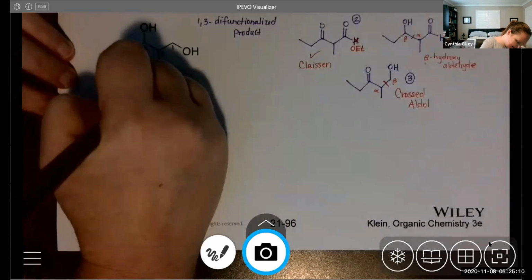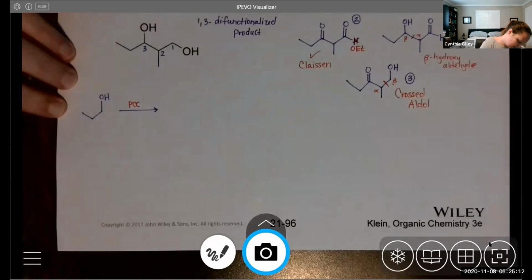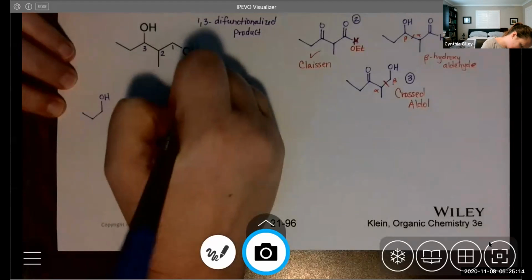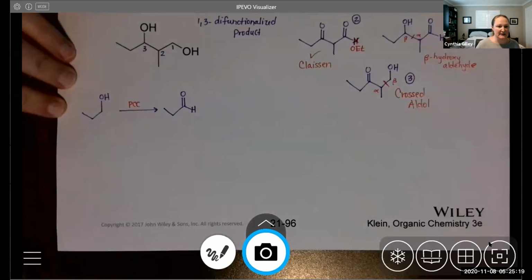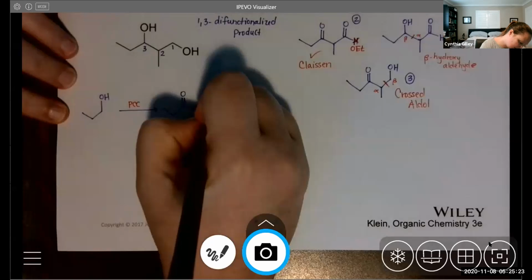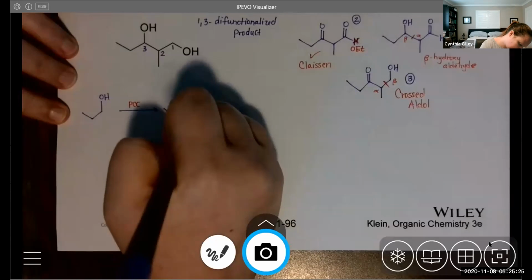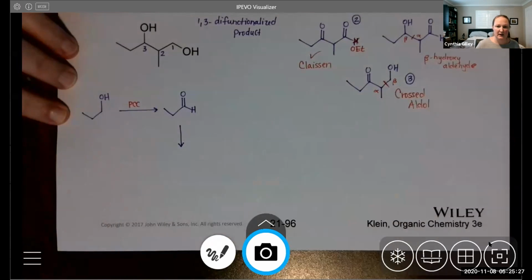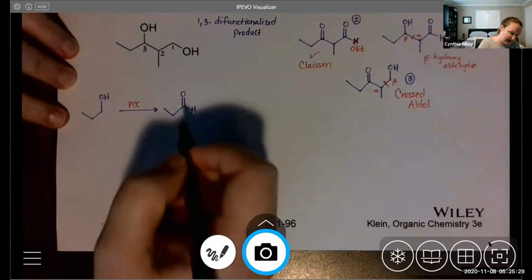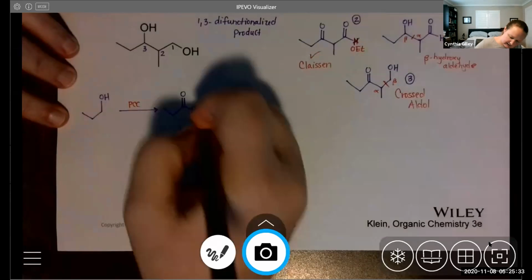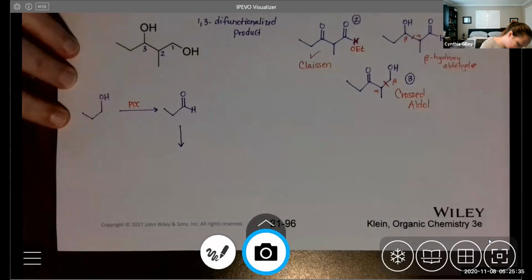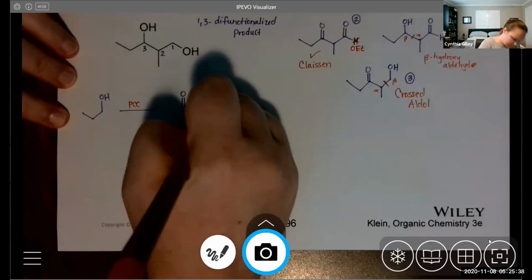So again, to oxidize a primary alcohol to an aldehyde, I can use PCC, right? And then from here, we can do a aldol addition reaction. So we're going to dimerize or use 2 of these to produce the product. Classic aldol reactions just use sodium hydroxide as the reagent.